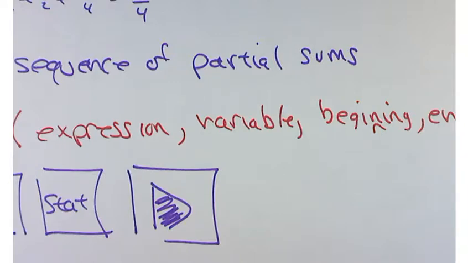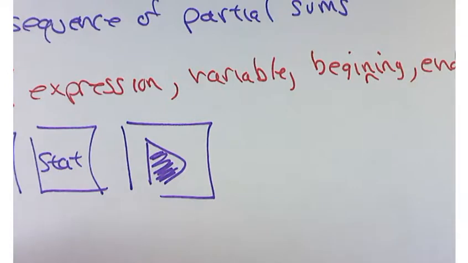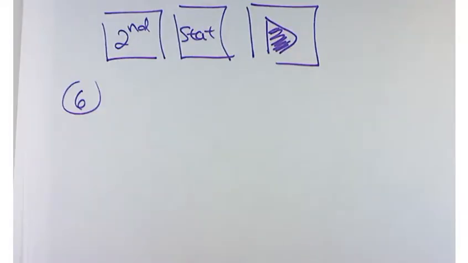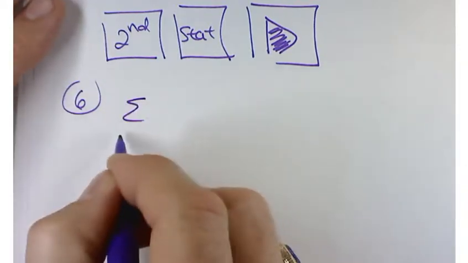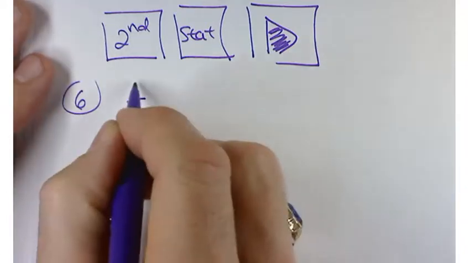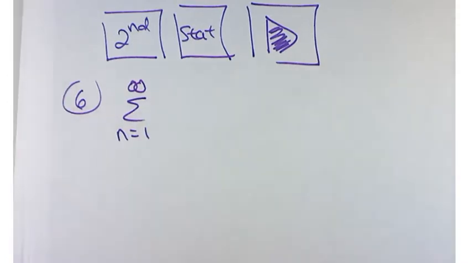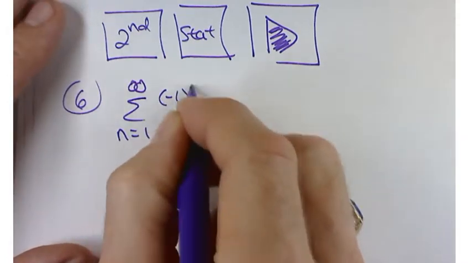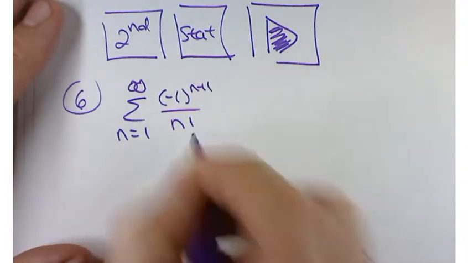You know what? I probably should have done that for problem number 6 here. Problem number 6 gives us something that is actually probably pretty ideally suited to this kind of work. So it's the sum from n equals 1 to infinity of negative 1 to the n plus 1 over n factorial.